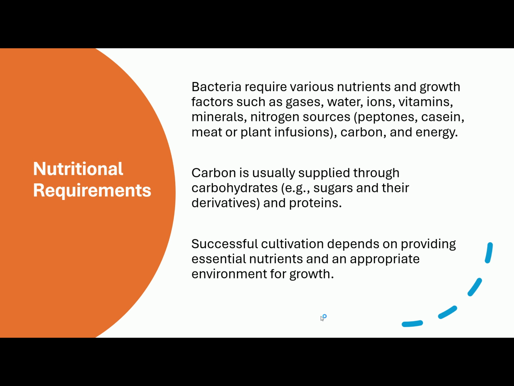Now, what are the nutritional requirements? Your bacteria in culture, class, require different nutrients such as gases, water, ions, vitamins, minerals, nitrogen sources such as peptones, casein, meat, or plant infusion, carbon, and energy.